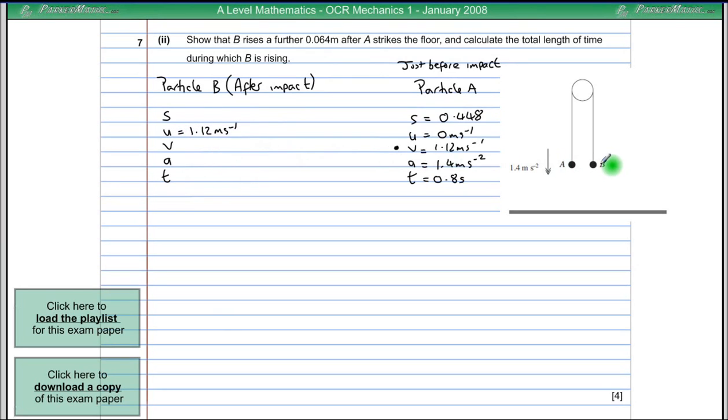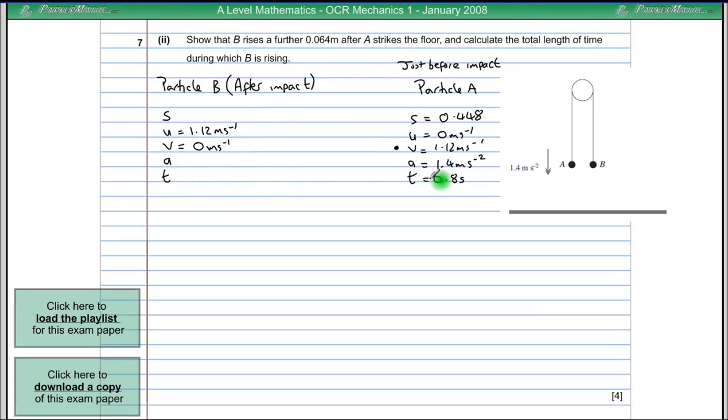If we're interested in the highest point that B reaches, then we want to know the point when the velocity is 0. Because if it's got a velocity upwards, then it's going to get higher. And when it reaches its highest point, every point after that on the way down, it will have negative velocity. So the highest point will be at a velocity of 0 meters per second.